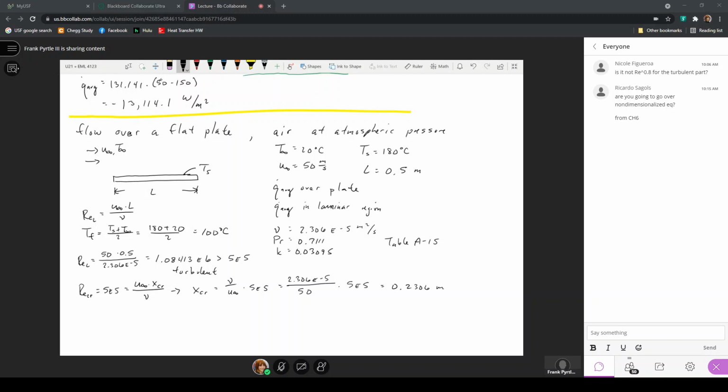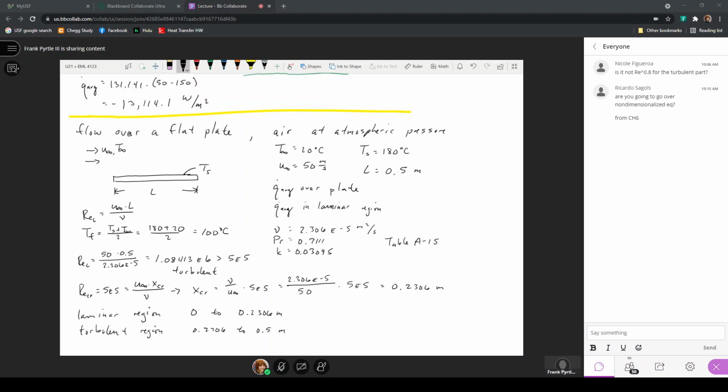So if the length of the plate is 1/2 a meter, this is just short of the halfway point. So this just says the laminar region is from 0 to 0.2306 meters, and the turbulent region is from 0.2306 to 0.5 meters.